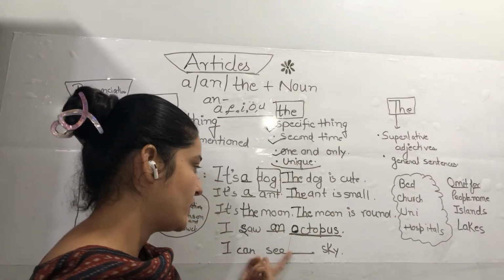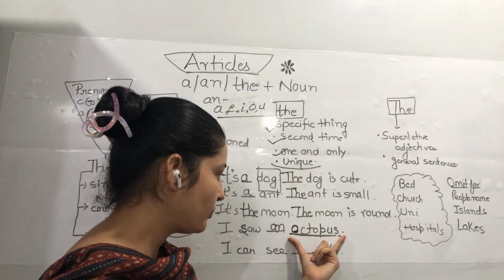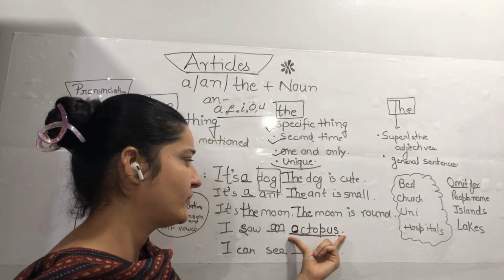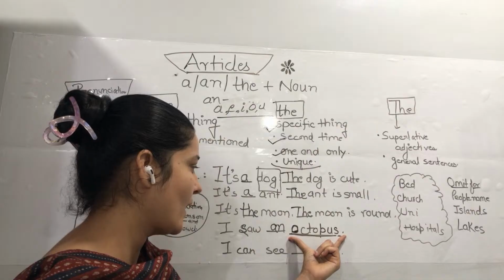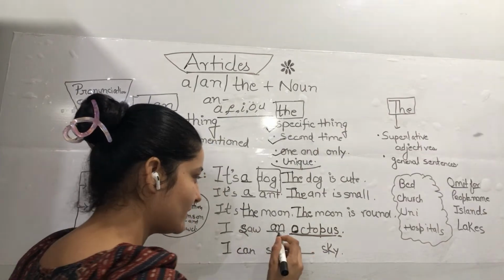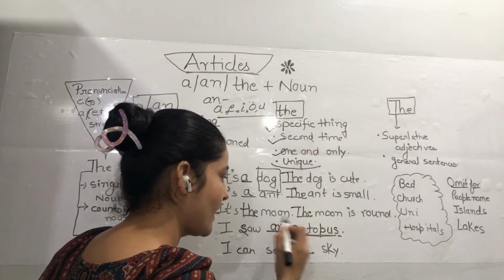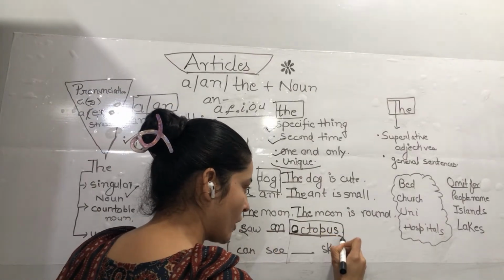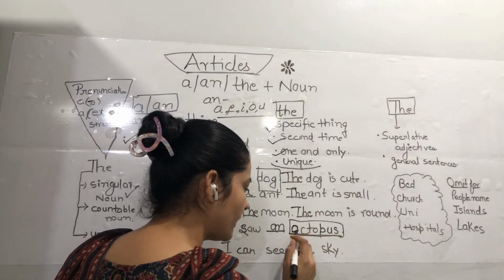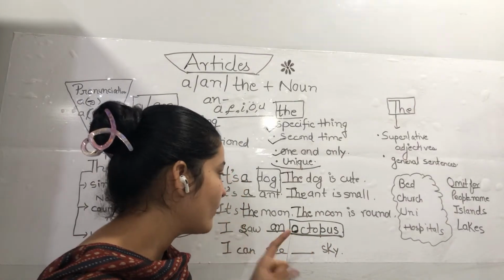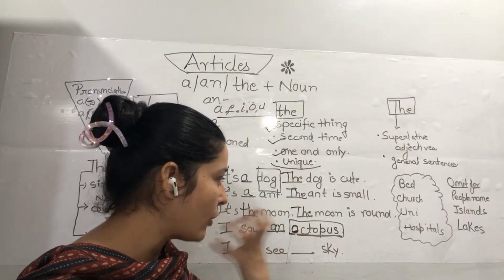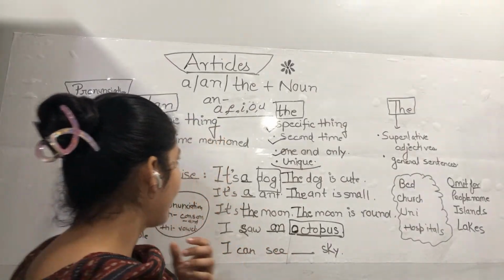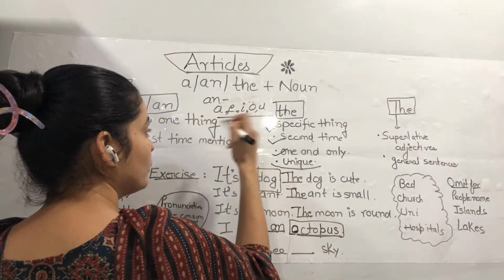I saw dash octopus. Now octopus is like an insect with so many legs, etc. You all know, but why am I using an? Because this word is a noun, and any noun or any word whose first letter is giving a sound like o, a, e, i, o, u, then you have to use an.